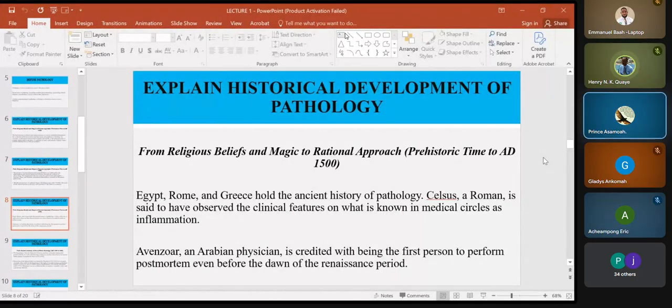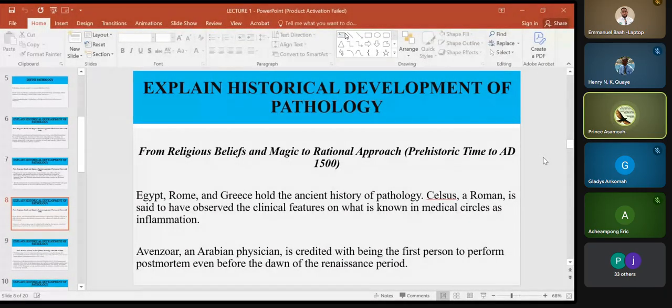Celsus, who was a Roman, is said to have observed the clinical features of what is known in medical circles as inflammation. So anciently they were observant, very technical. Avenzoa, an Arabian physician, is credited with being the first person to perform a postmortem, even before the dawn of the Renaissance period.